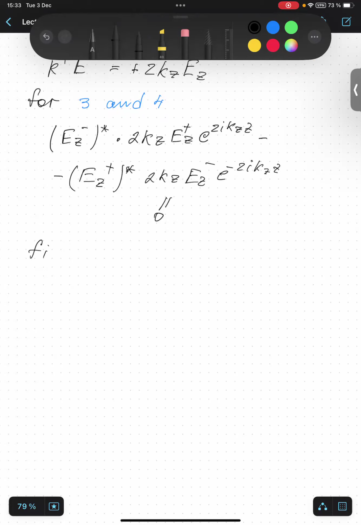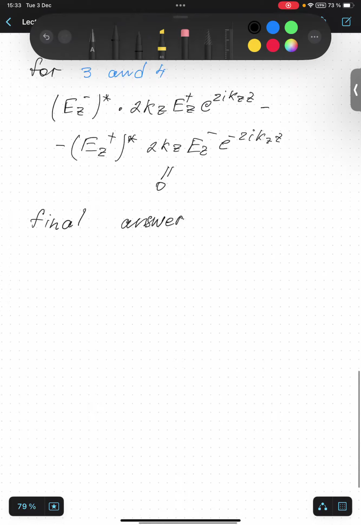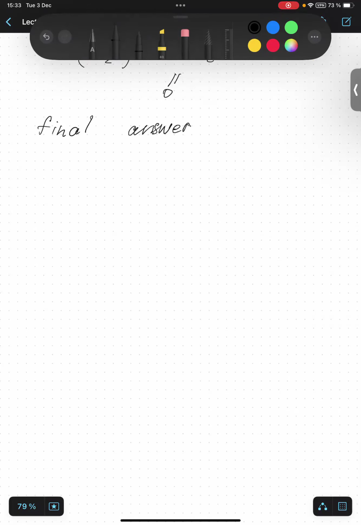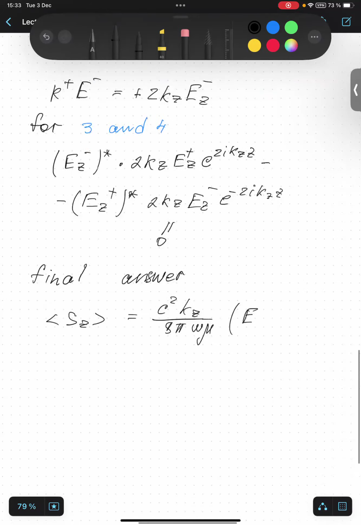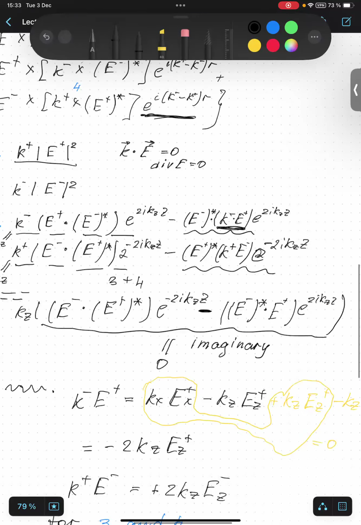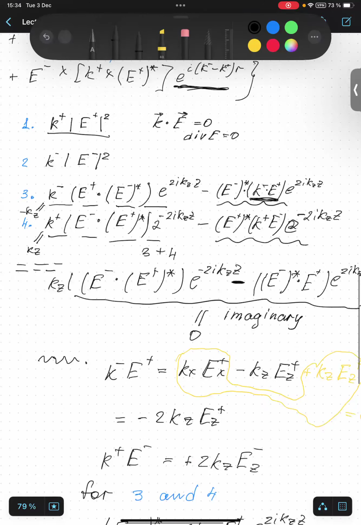And the final answer for Poynting vector is quite simple. That's e squared kz over 8 pi omega mu, and what we obtained for the first, we are just left with the first and the second part.